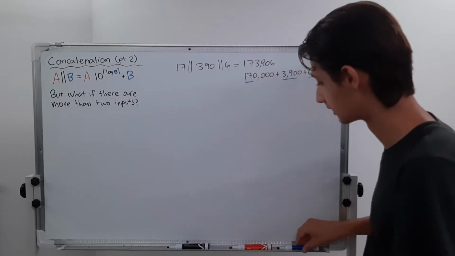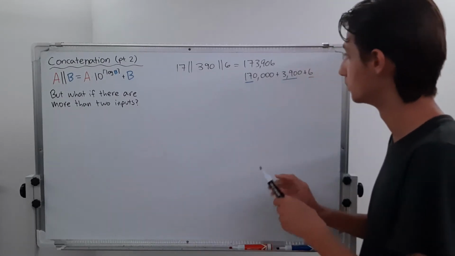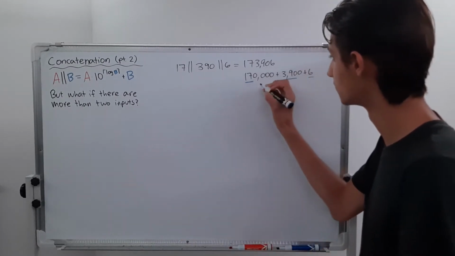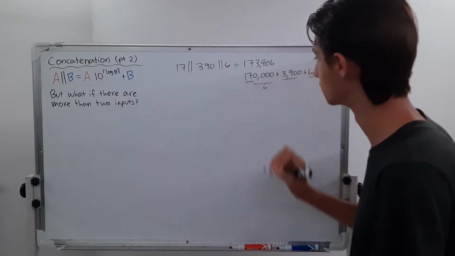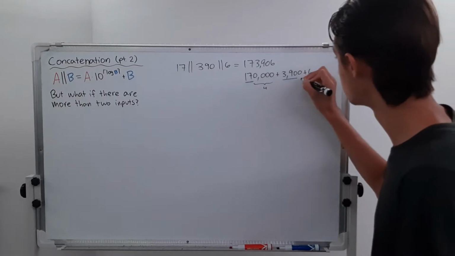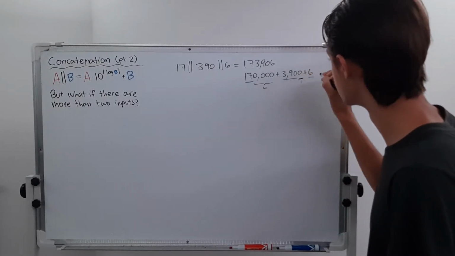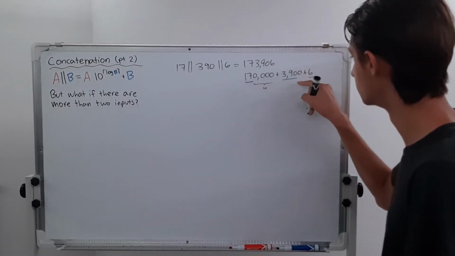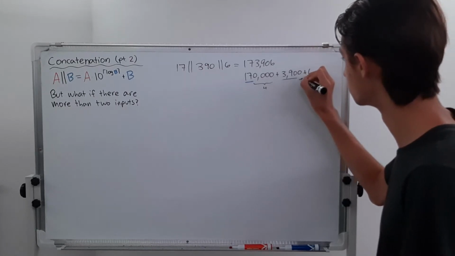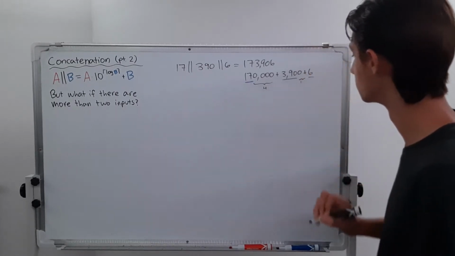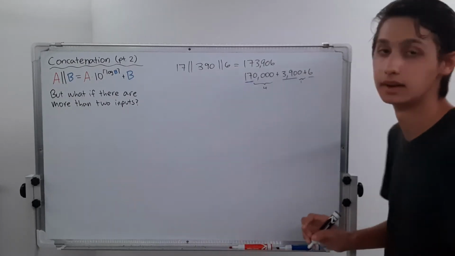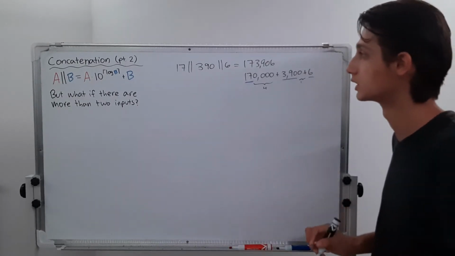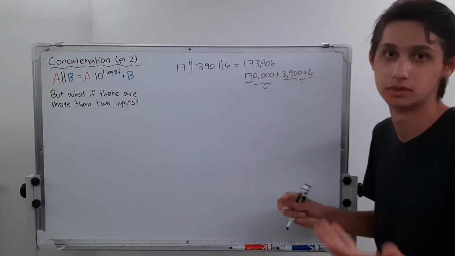What's significant about this is that we have 4 trailing zeros in the first term, 1 trailing zero in the second, and in the third number we don't have any trailing zeros. Why do we have these specific numbers of trailing zeros?